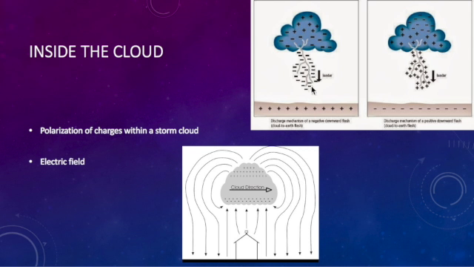The positive charge is at the top of the cloud and the negative charge is at the bottom. Usually the top is known to acquire an excess of positive charge, like in the image, and at the bottom of the storm cloud there's usually an excess of negative charge.